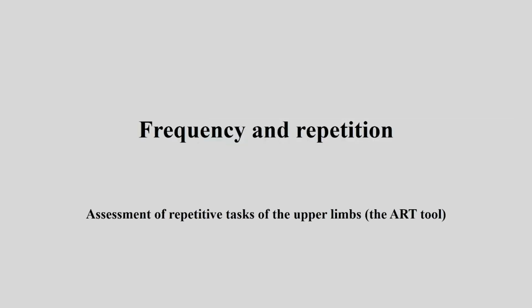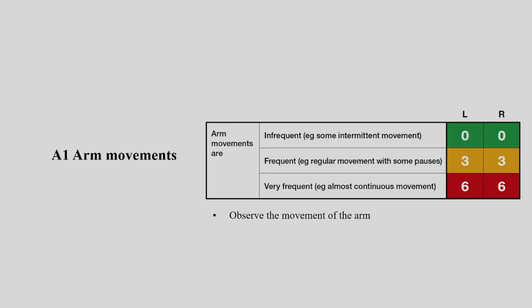Now, let us understand one by one. We are talking about frequency and repetition. Here you have some factors. First is arm movement, which we will call A1. These codes, A1, B1, C1, you need to remember and use as they are described in this tool, because the flow chart or the data collection chart follows the same nomenclature.